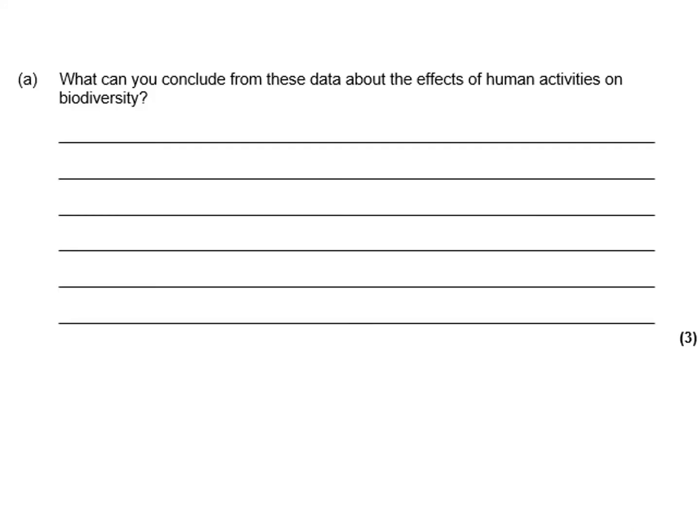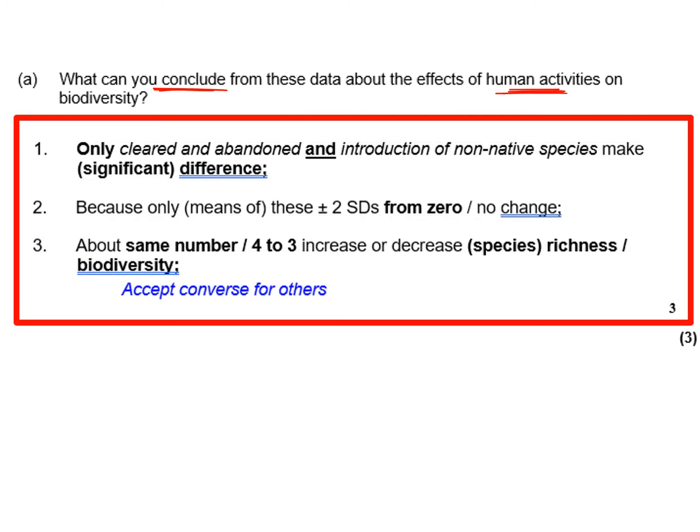Okay, so what can you conclude from the data about the effects of human activities on biodiversity? So we know there's a number of different human activities that were given in the information on the left. So we know, first mark point, that it's only the cleared and abandoned land and the introduction of non-native species that makes a significant difference.